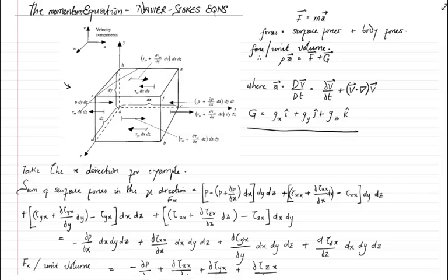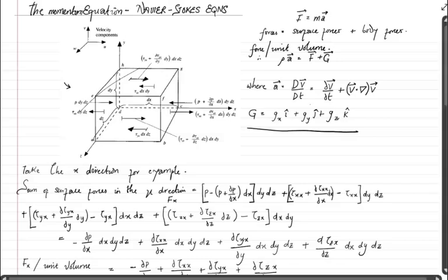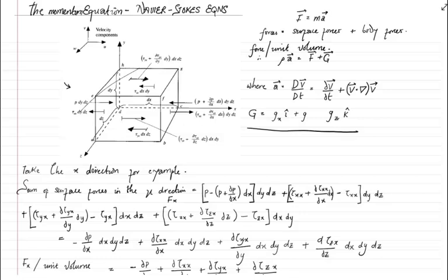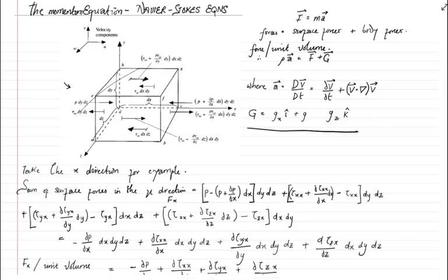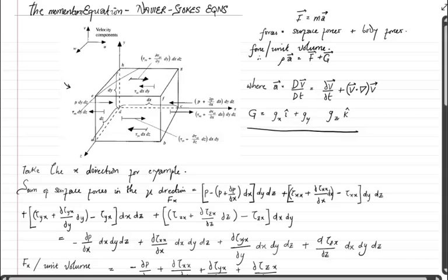Now for gravity, only the gz acts, so gravity points in the z direction. Or here we have the vertical direction being y, so it will be the y direction, whatever. It just depends on your convention.